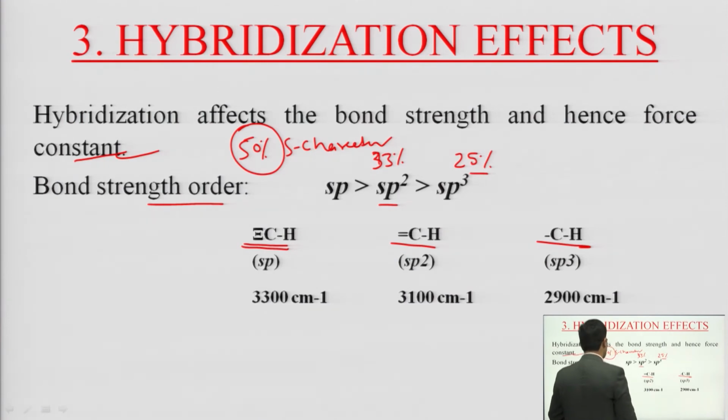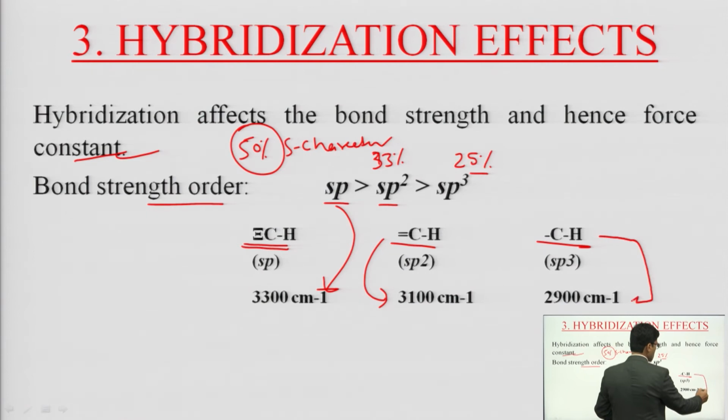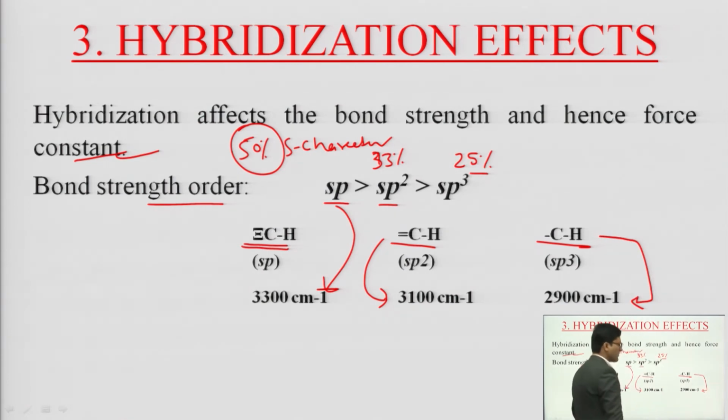So, you can clearly see that in case of sp hybridization, we have the highest vibration frequency of 3300 centimeter inverse, whereas in case of sp2 hybridization, we are observing the vibration frequency at 3100 centimeter inverse, and for saturated CH, we are observing the vibration frequency at 2900 centimeter inverse.